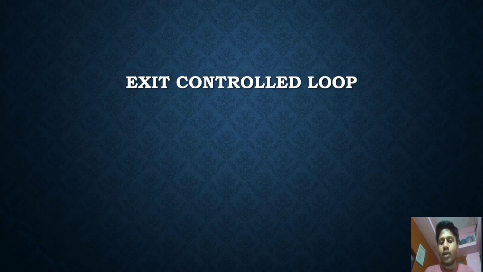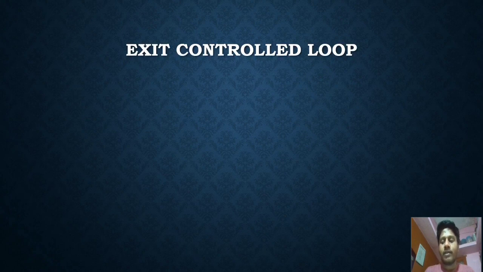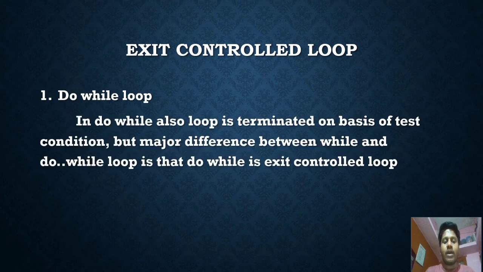So now we are going to learn about the exit controlled loop. There is only one exit controlled loop, that is the do while loop. In the do while loop, here also it is dependent on the condition. The difference between the while and the do while loop is that do while is an exit controlled loop, whereas while is an entry controlled loop.